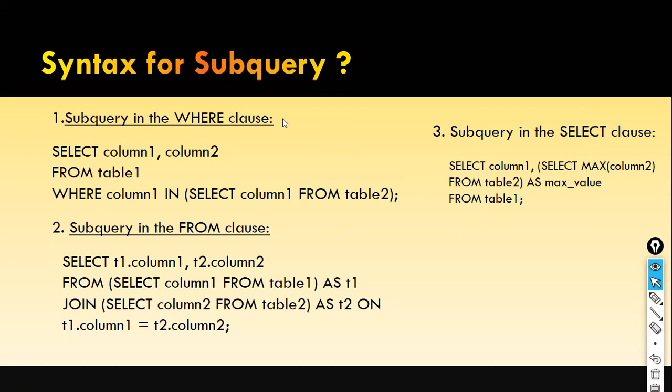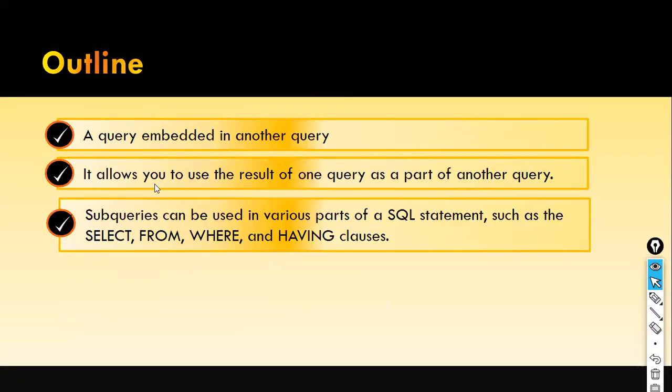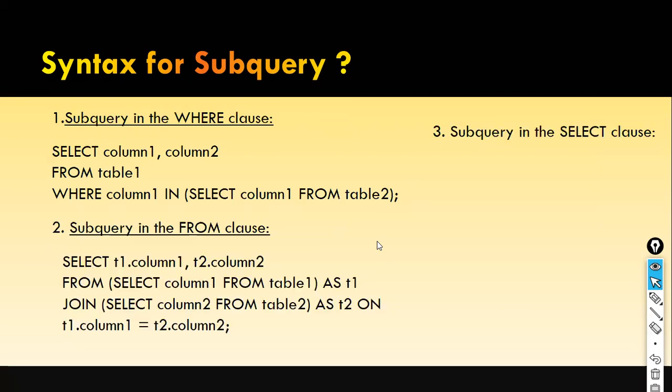So these are the scenarios. This is how you can use the subquery in the from clause, where clause, select clause, and even the having clauses. This is the one you need to be aware of.